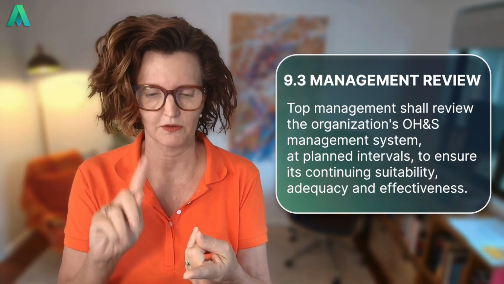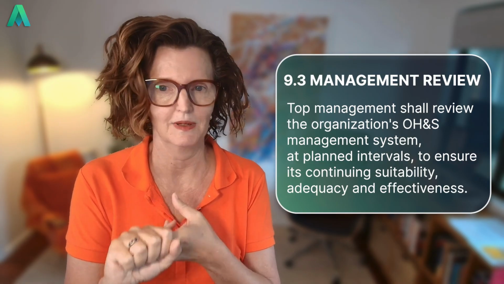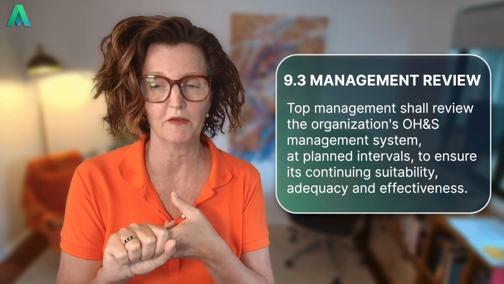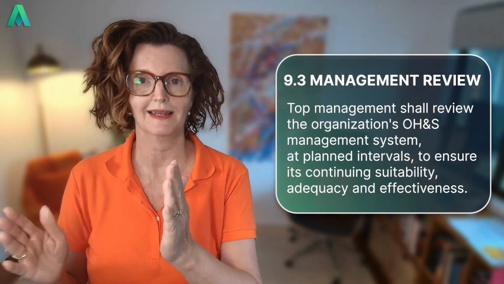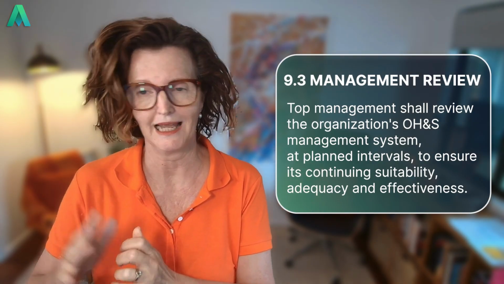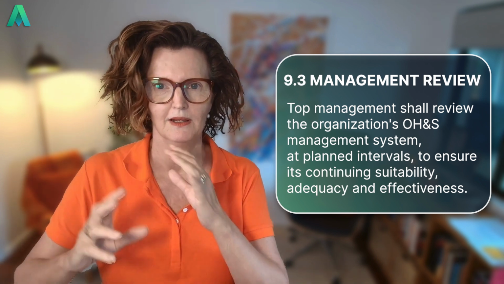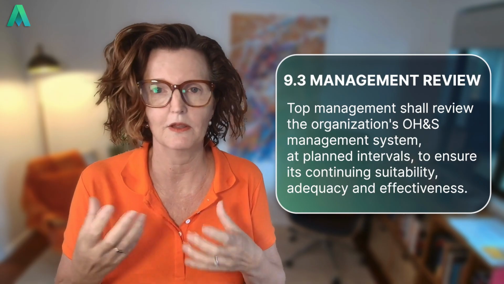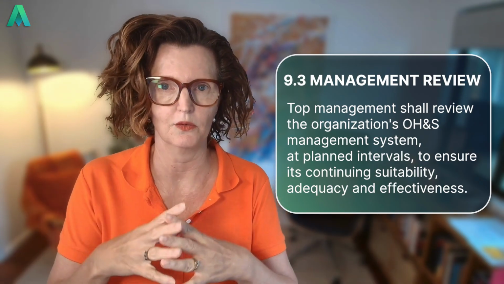Or, hey, we've got this really important or high risk issue that we need to stay on top of. Maybe we should regroup in 4 weeks. They'll set the next meeting date at that management review. Okay, so you can play with whatever the planned intervals are that suits you.